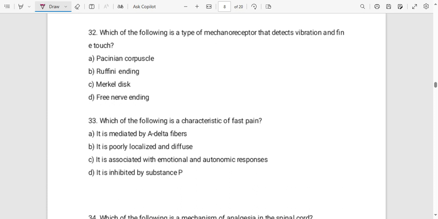Anyone to help us with this one? Okay, Pacinian, that is correct. Pacinian is basically for vibration and touch. How about Ruffini? Ruffini endings. What do they detect?